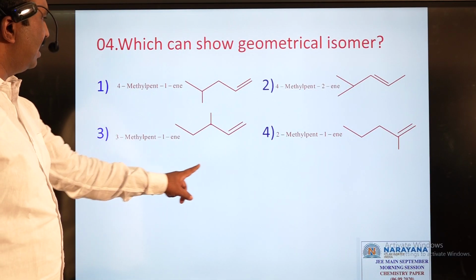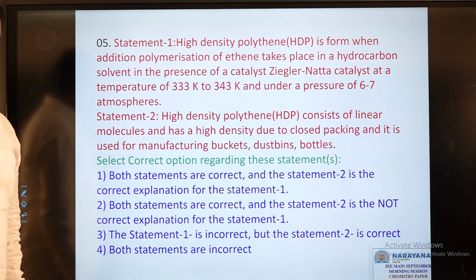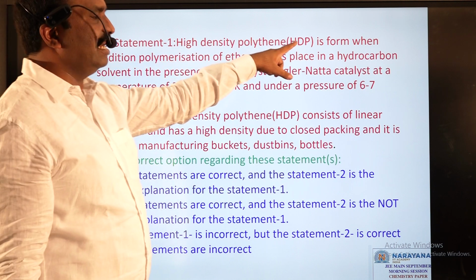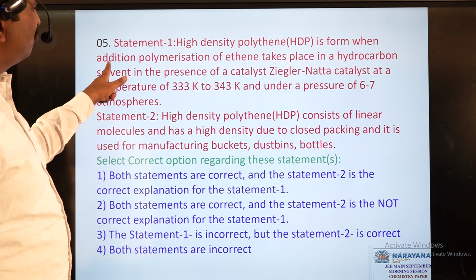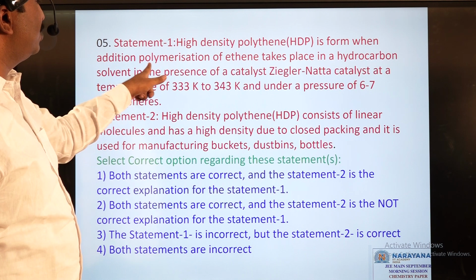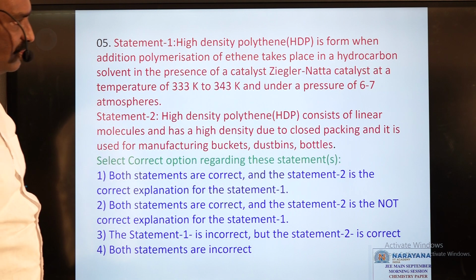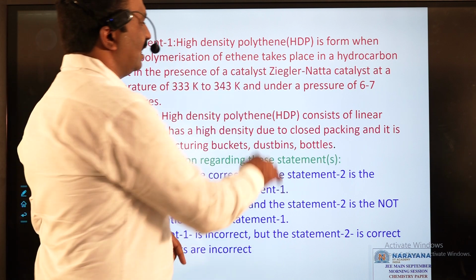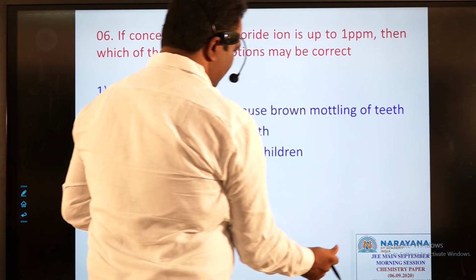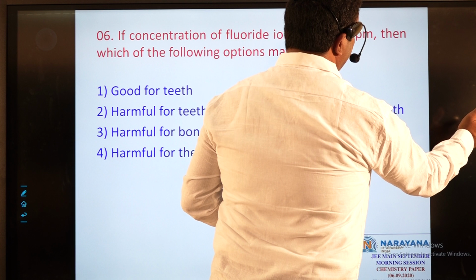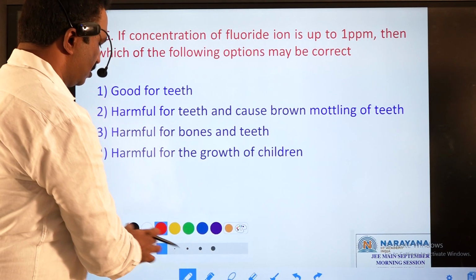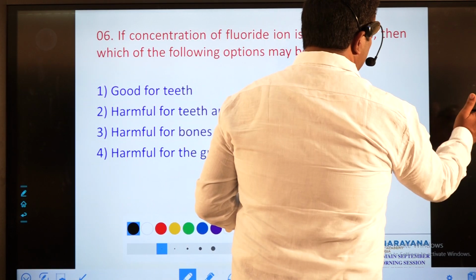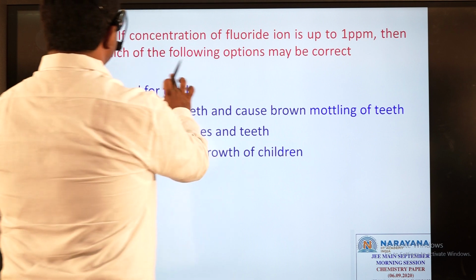Let me go for the next question, the fifth question. Statement 1: High density polythene, HDP, is formed when addition polymerization of ethene takes place in a hydrocarbon solvent in presence of a catalyst, Ziegler-Natta catalyst. One second, let me go back to the previous question.